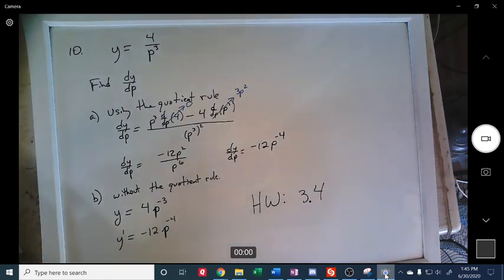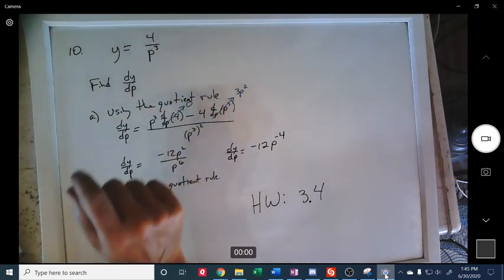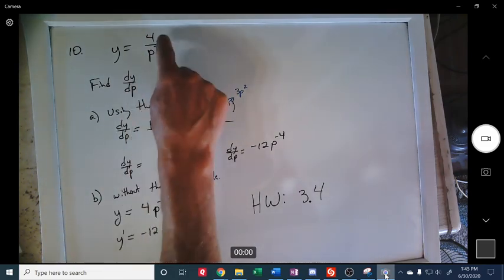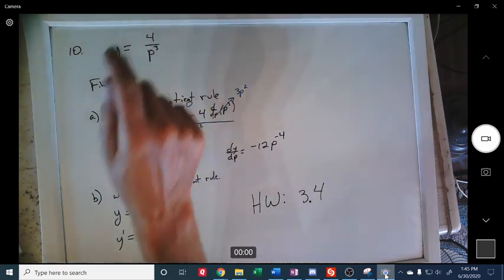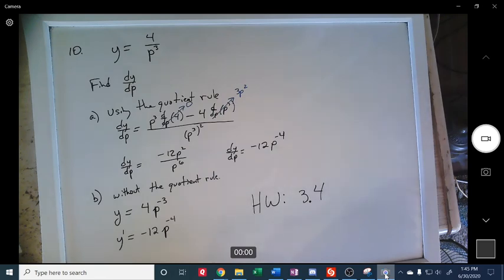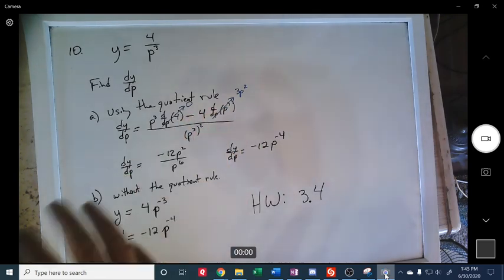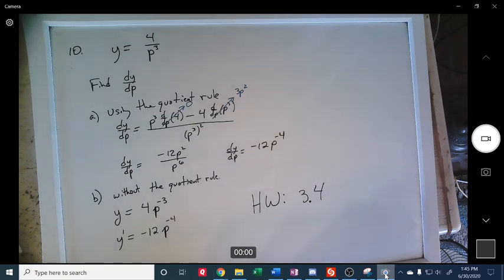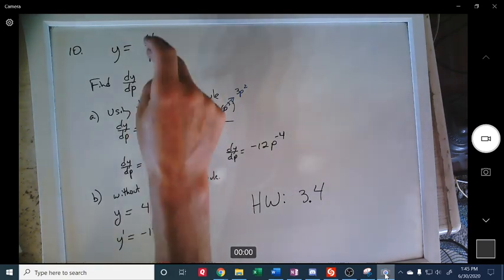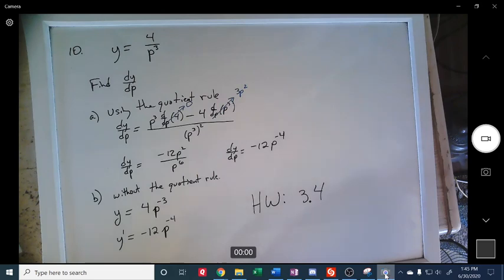All right, because there was no variable up in the numerator. If that had a 4e to the p power, then you'd have had to use the quotient rule because the variable is up in the top and the variable is down in the bottom. But when there's no variable in one of those two places, then you don't really need either the quotient rule or the product rule. Does that clarify it?